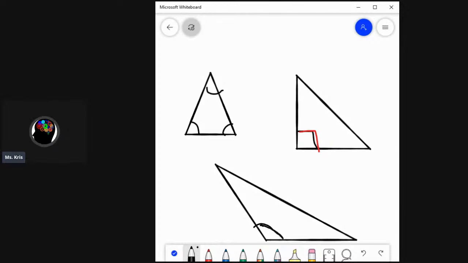So you can't have a 180-degree angle inside of a triangle because the triangle itself is the measurement of 180 degrees. So the only options you have are acute, right, and obtuse based on your angles. Any questions?